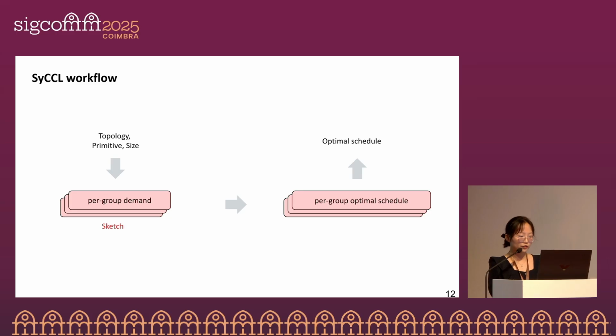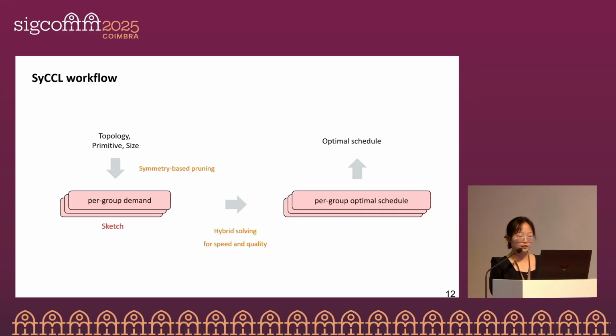Here's the full workflow. First, given the inputs, we search the sketches. We do symmetry-based pruning to reduce the sketch space to accelerate solving. And then for each sketch, we solve the demand and generate schedules for each group. Since there is a natural speed and quality trade-off in MILP solving, we use a hybrid solving strategy to keep solutions fast and near optimal.